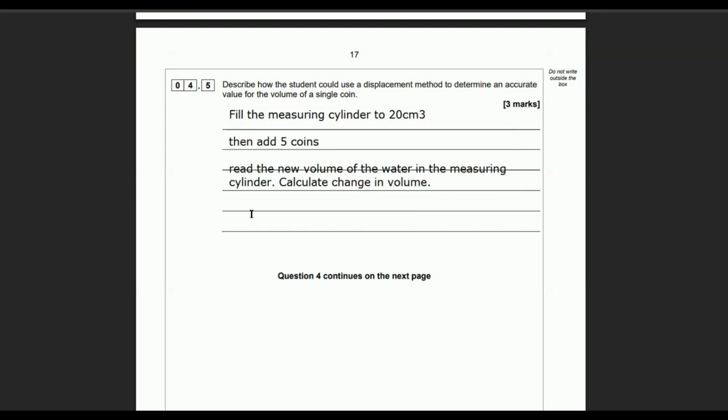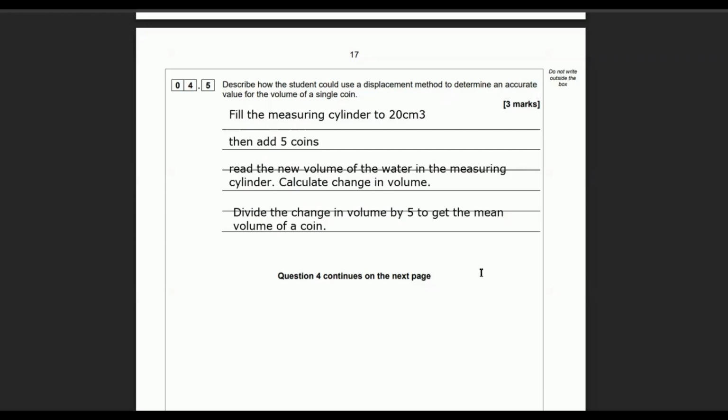So then what we want to do is divide the change in volume by 5 to get the mean volume of a coin. Now, the reason why we didn't just add 1 coin and work out the change in volume and do it with 5 different coins or repeat it 5 times is because they already told us that the coins were very small.